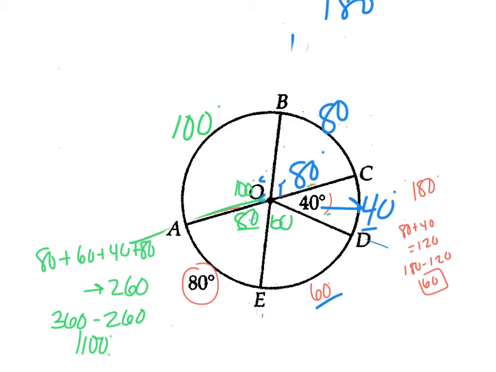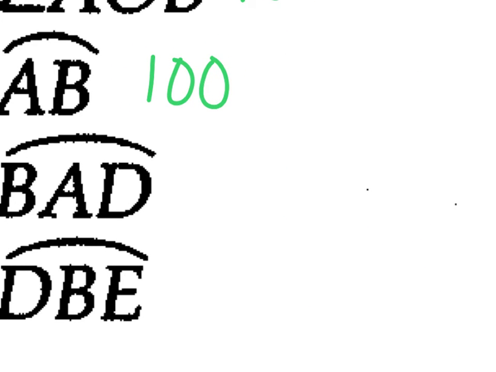So I simply do this. Start at B, go to A, and then I end at D. So I'm simply doing 100 plus 80 plus 60. I type that into my calculator, or you can even do it in your head, and I get 240 degrees.